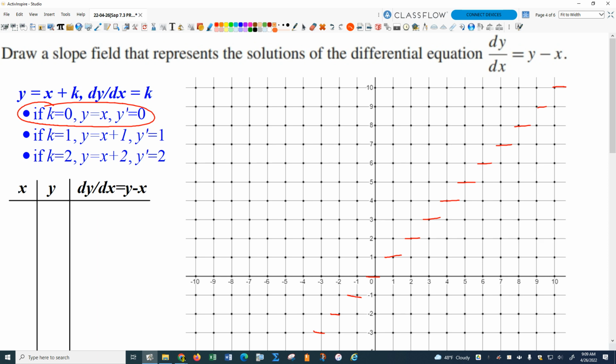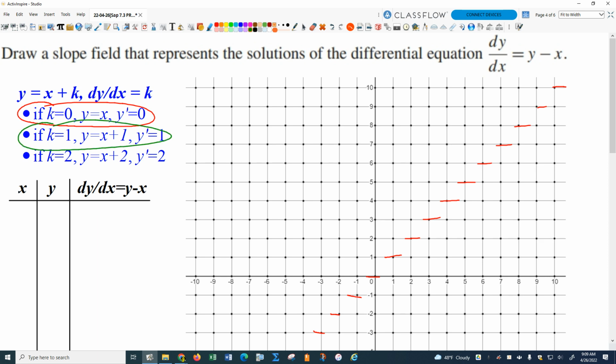And look at the distribution. Those are just the points that lie along the pattern y equals x. If I let k equal 1, or the slope equal 1, now those are going to lie along the line y equals x plus 1. Well, that's just, what are we doing here? The slopes are 1 and we're just moving up by 1. So these slopes are going to be 1, right?